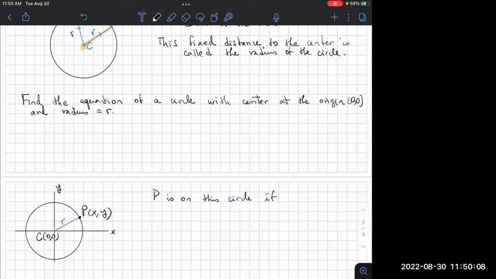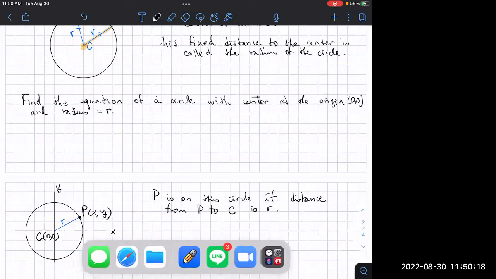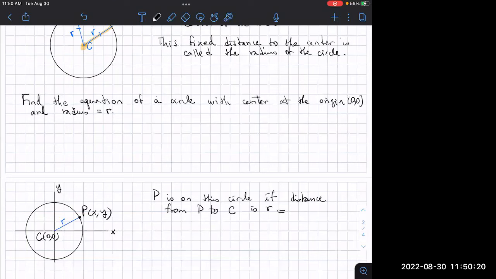if the distance from P to the center is r. We're going to denote that by d(P, C).